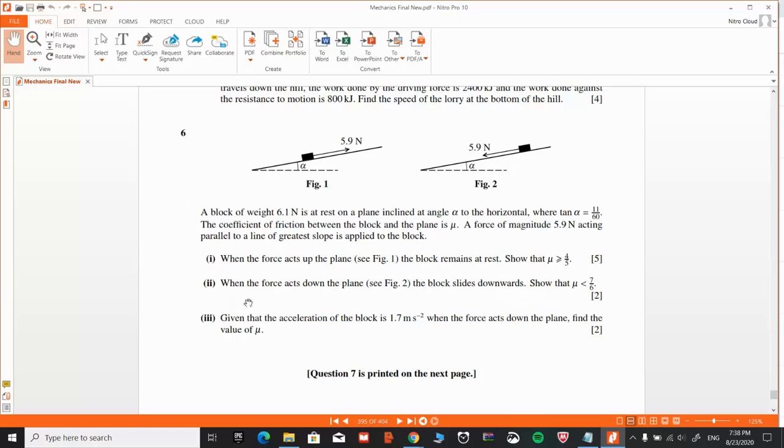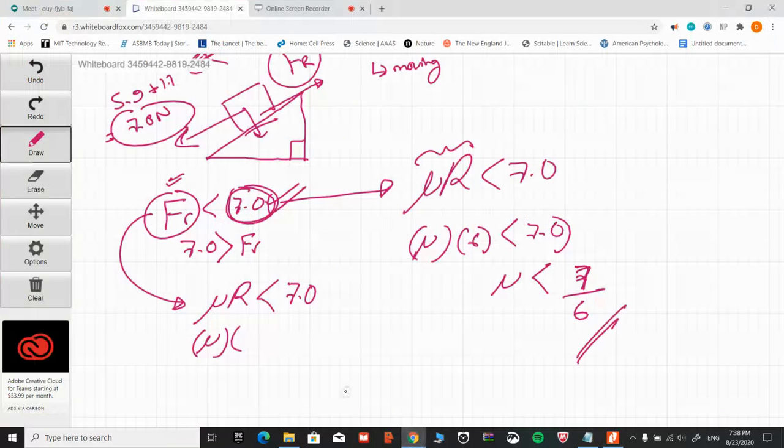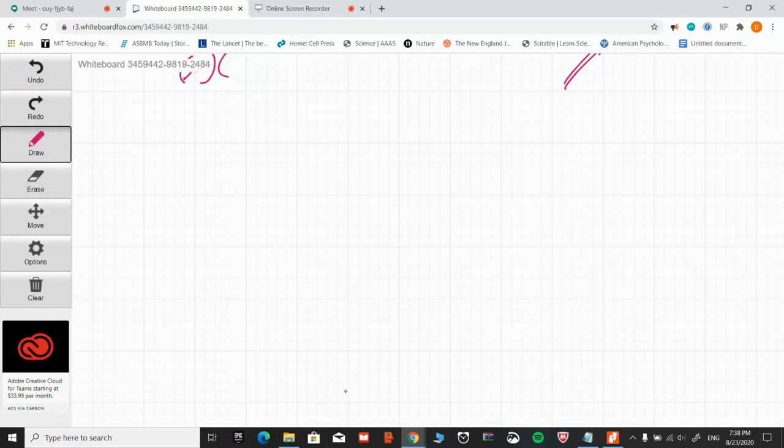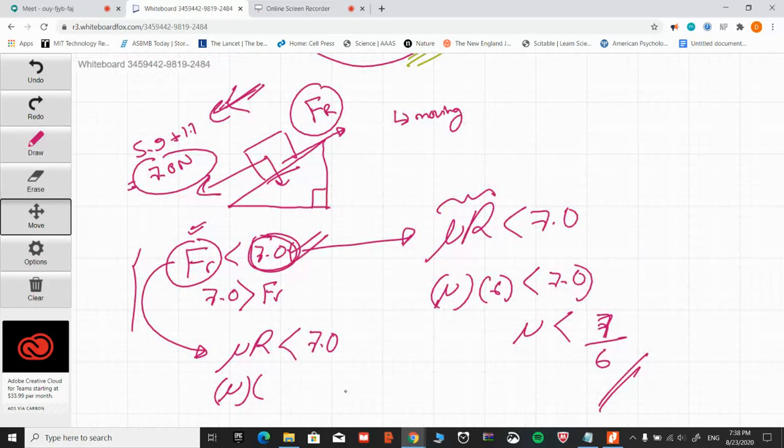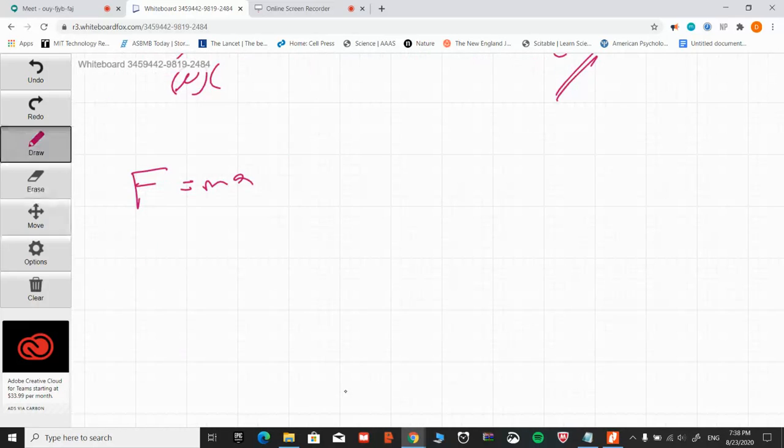Okay, given that the acceleration of the block is 1.7 when the force acts down the plane, meaning in figure 2, find the value of mu. That's pretty simple because resultant force is equal to mass into acceleration. My bigger force is 7 newtons, the smaller force is friction. So bigger force minus mu r, right? Mu into r is the normal contact force, which we saw came out to be 6, mg cos alpha, is equal to the mass.